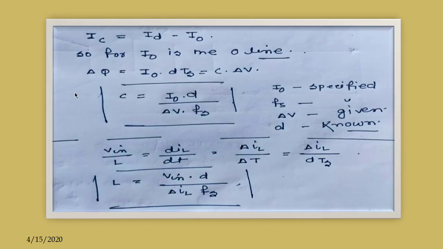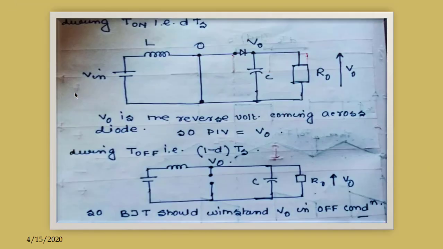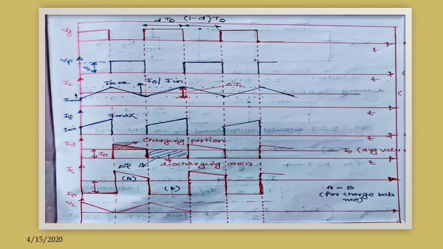So if you see the waveform, it will be just similar to what we have seen in case of buck converter. So IL will be in triangular ripple kind of waveform as in buck converter. You can see this is triangular in nature, right? But the value and significance will be different from that of the buck converter.